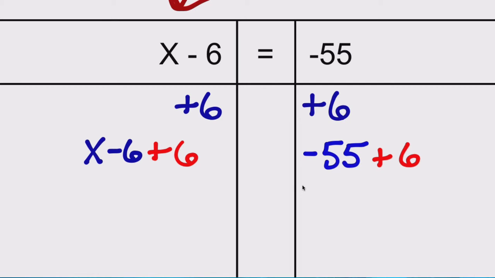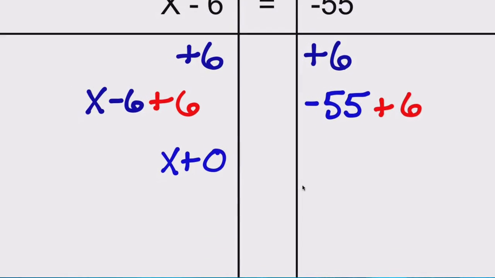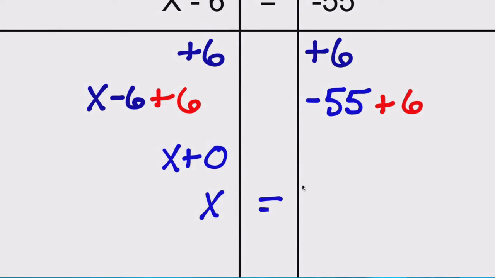Okay, this is what you're working with. What happens to my minus 6 and my plus 6? What's going to happen there? Yeah, Isabella? Yeah, they're going to cancel each other out, and they're going to become 0, the lovely O of mathematics. And so we end up with x plus 0, which ends up being just x, equals, by the way, there's equal signs here.